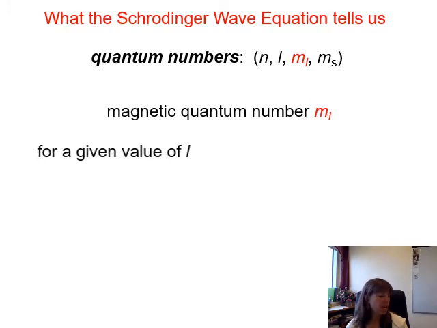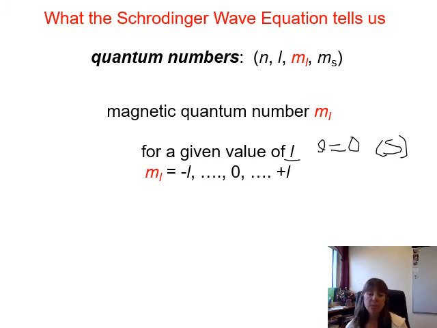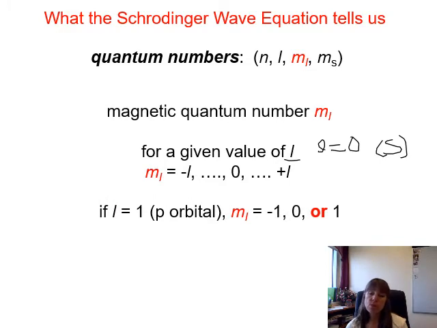So our m sub L is called a magnetic quantum number, and for a given value of L, like we were just saying, if L equals 0, that's an s orbital, the given values of m sub L are negative L to positive L. So if L equals 0, it can only be 0. If L equals 1, it can be negative 1, 0, or positive 1. But these numbers are just numbers.